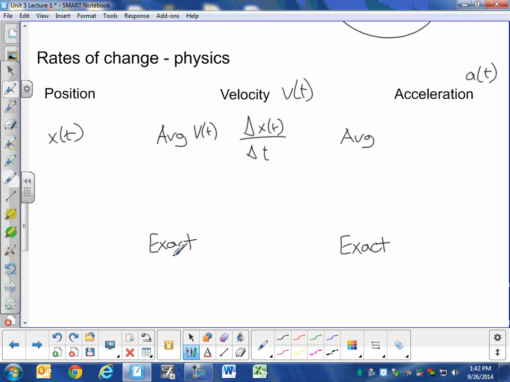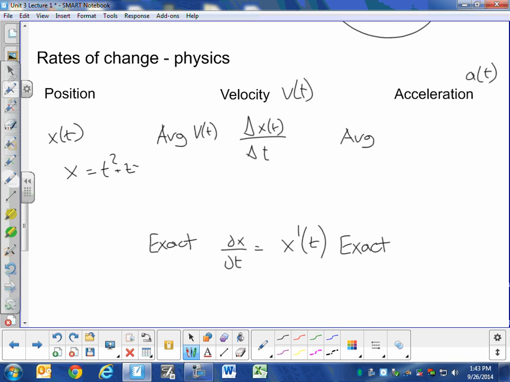Exact velocity will be the instantaneous change in your position over the instantaneous change in your time. You could think of that as kind of like dx dt, if this was just an x function with t's in it, something like that. Or you could think of that just being x prime.